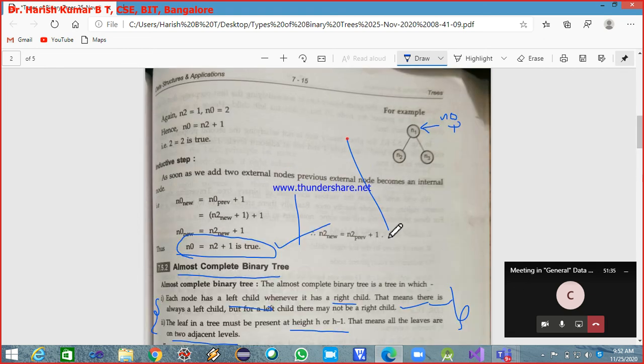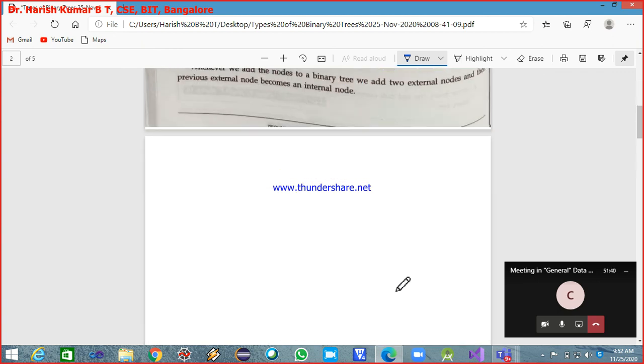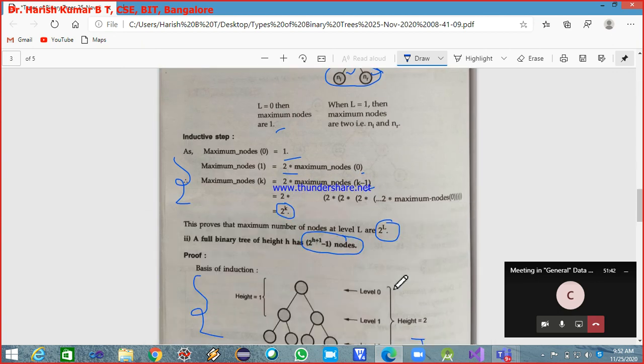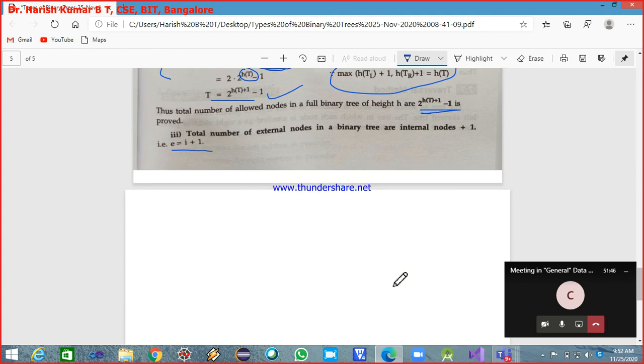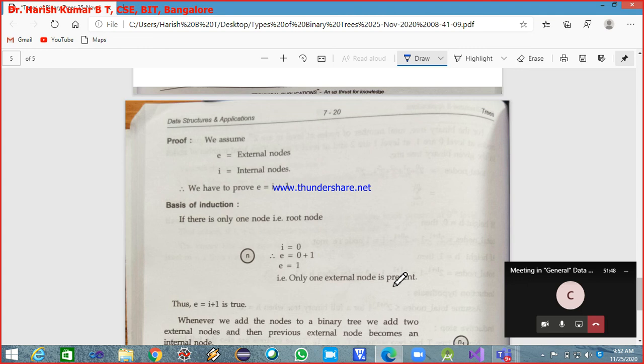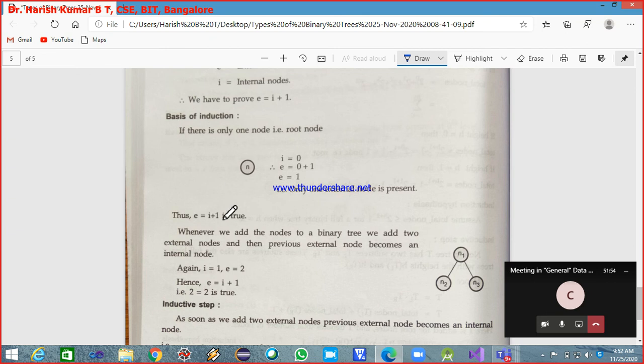It's the same proof we discussed earlier. When there is only one node, E is equal to I plus 1, because the external node is 1 and the internal node is 0, plus 1. So 1 is equal to 1.